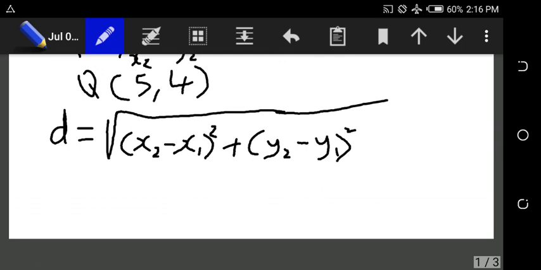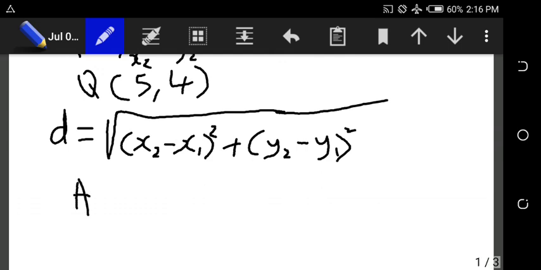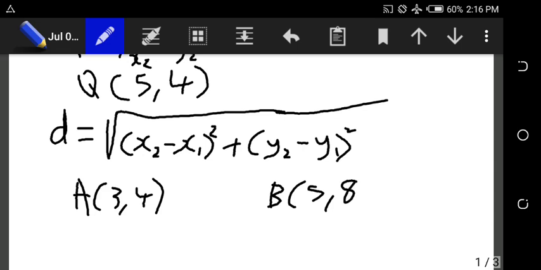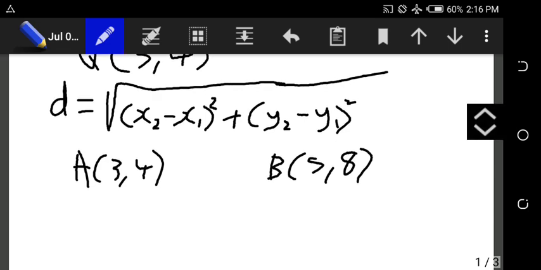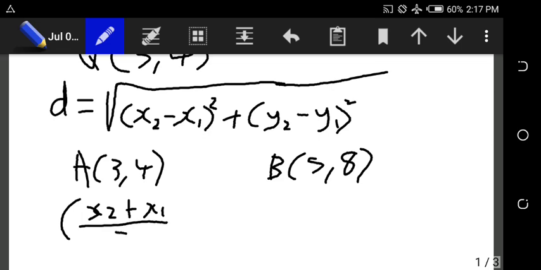When you are given points, maybe say point A to be (3, 4) and point B to be (5, 8), and we want to calculate the midpoint of this line segment, remember that the coordinates of the midpoint are given by this formula: (x2 plus x1) all over 2, comma, (y2 plus y1) all over 2.